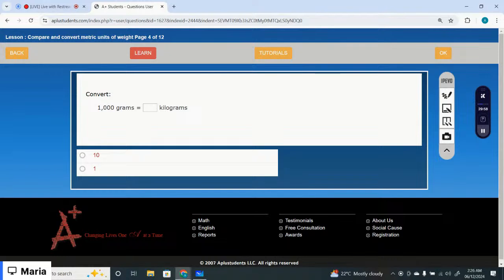Convert 1000 grams equal how many kilograms? 1000 grams equal 1 kilogram.